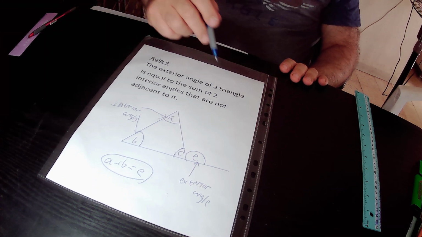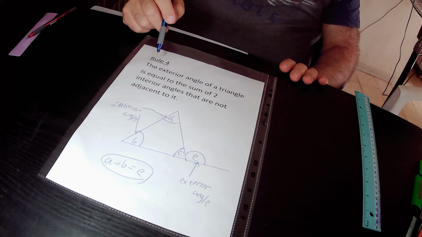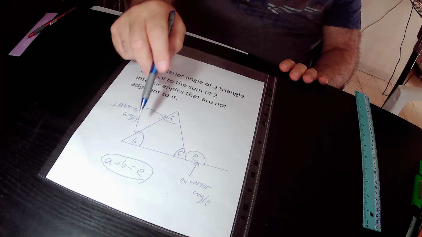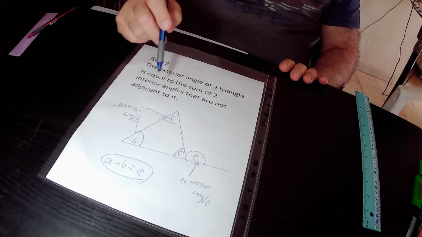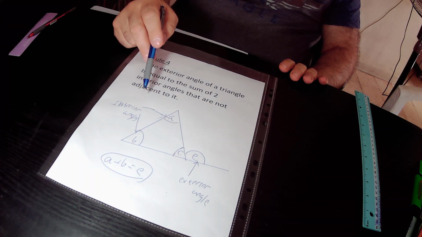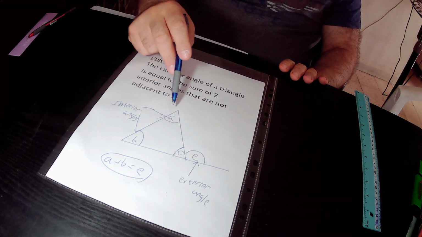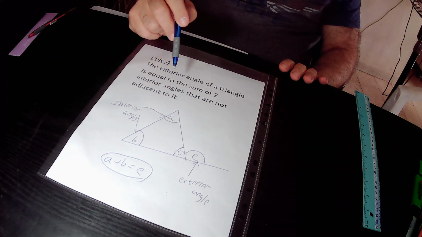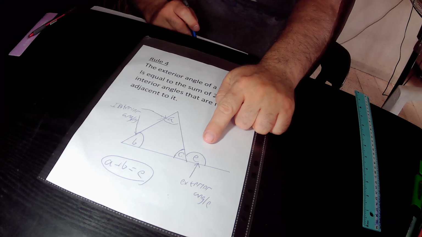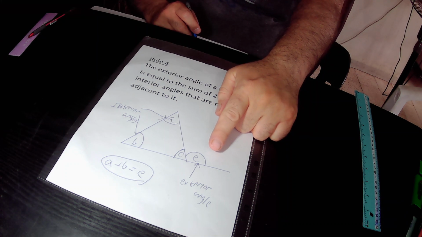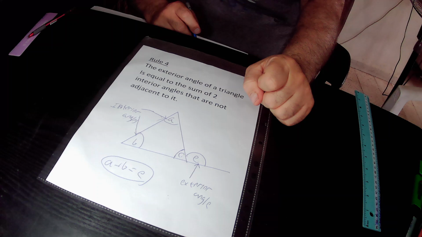In the drawing we have a triangle. Inside this triangle we have those three angles A, B and C. They are all interior angles because they are located inside the triangle. Especially angles A and B are both interior angles of triangle ABC. And this is angle E. It is located outside triangle ABC, and therefore it is defined as an exterior angle.